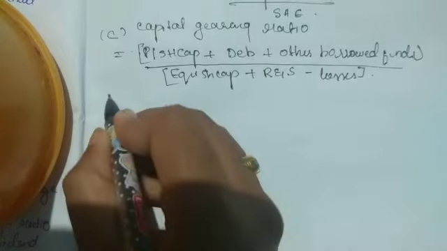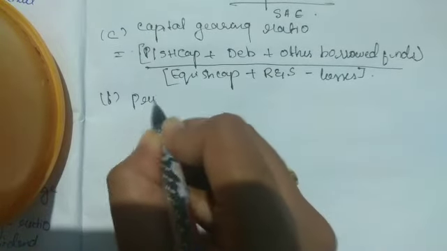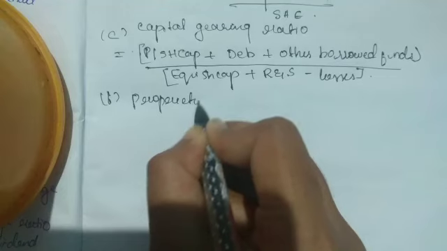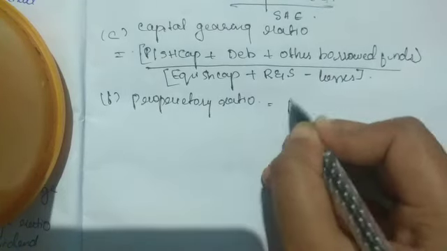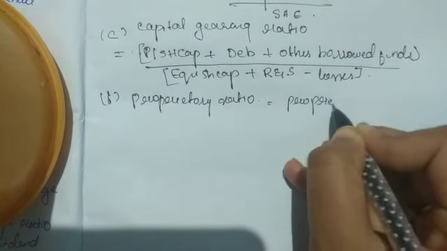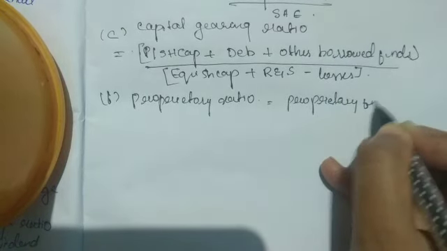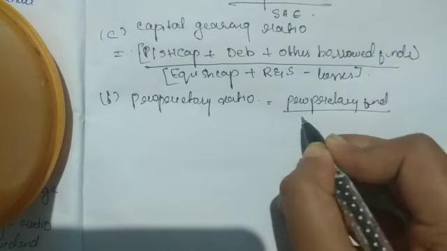The next one is proprietary ratio. Proprietary ratio is equal to proprietary fund divided by total assets.